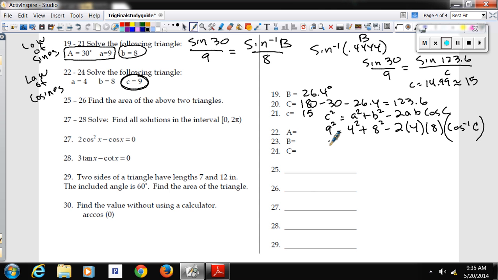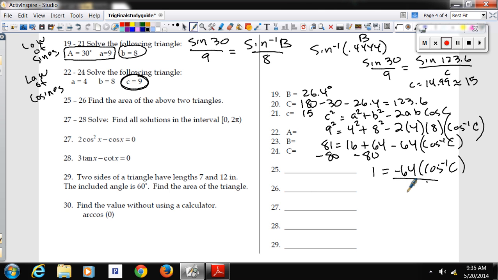Now if we multiply these, that's 81, you get 16, you get 64, you get another 64 there, but this 64 is being multiplied by the cosine inverse for C. These two together give you 80, so if you subtract 80 on both sides, you get 1 equals negative 64 times cosine inverse for C. Divide by negative 64.